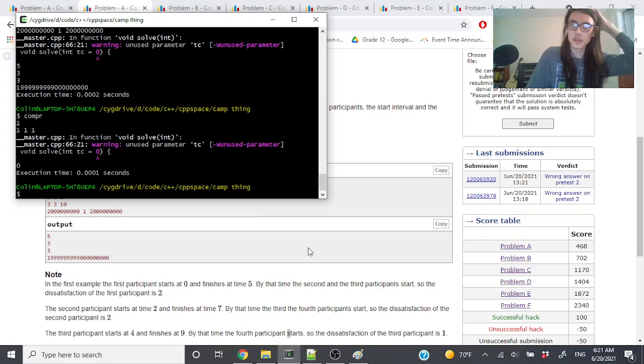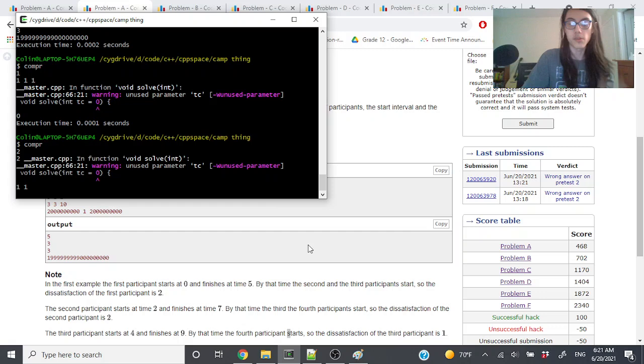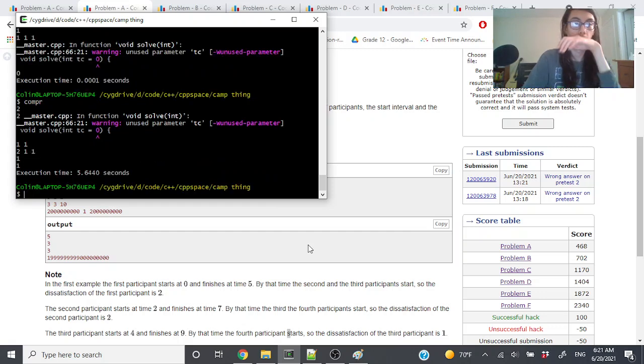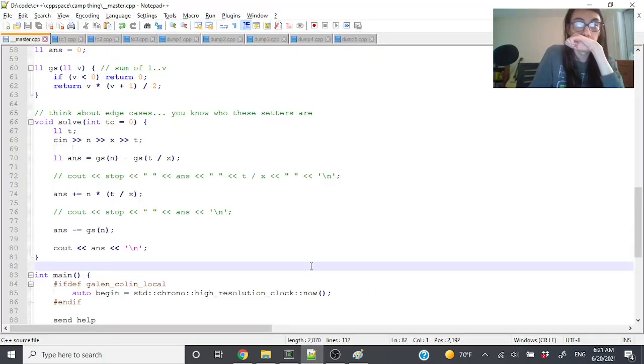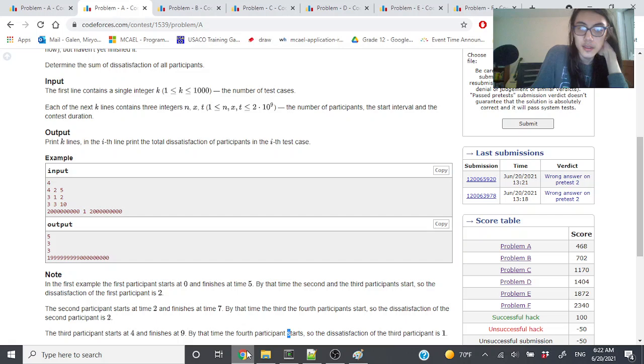Okay, so it'll be 0. 2, 2, 1, 1. Answer should be 1. Actually, this would be simpler to just get rid of this, but I don't understand.